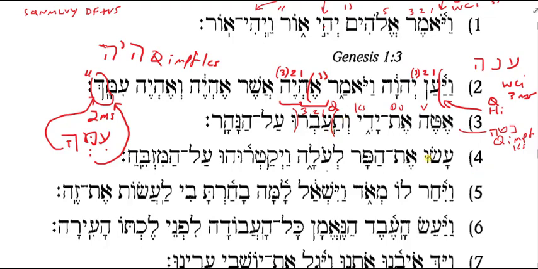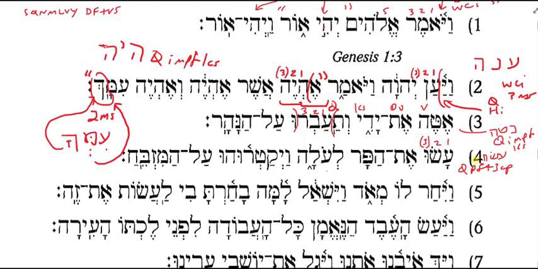Number 4, asu et hapar le'olah vaikatruhu al hamizbeach. So here I have ayin sin, roots 1 and 2, root 3 is missing. This is the 3 hey verb asa, ayin sin hey. They asu, they made. That's a Cal perfect third common plural. Okay? So Cal perfect 3CP from asa.